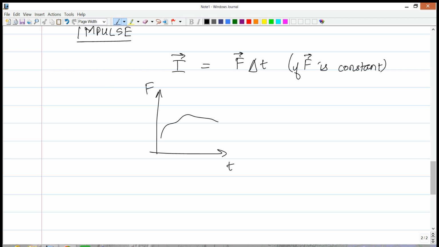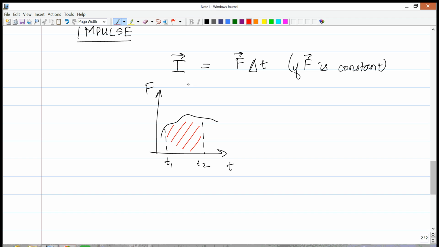Let's say it's given something like this, with this curve, and between time t1 and t2, if you're interested in finding the impulse, all you do is you find the area enclosed by the curve within those limits, with the appropriate limits of time.